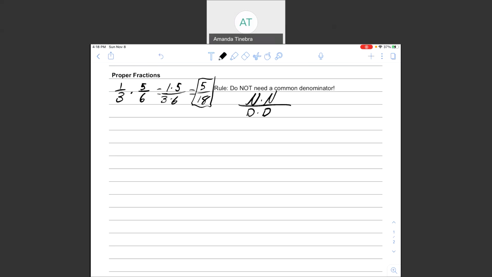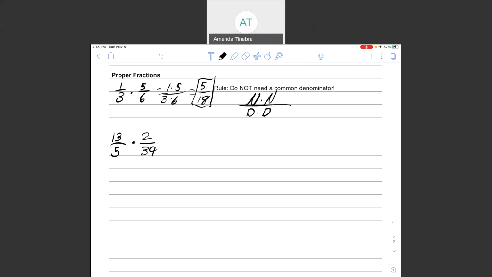So let's say we had the fraction 13/5 times 2/39. All right, I already see this one's going to be a little bit harder just because the numbers are a little bigger.